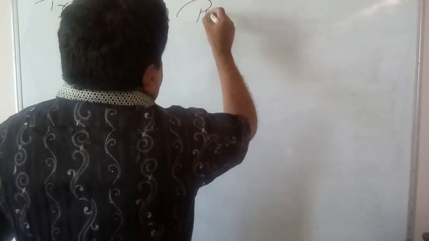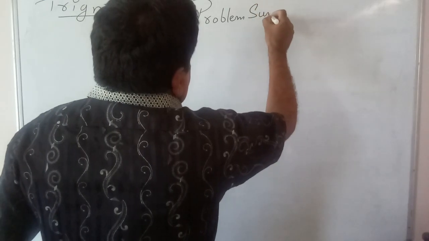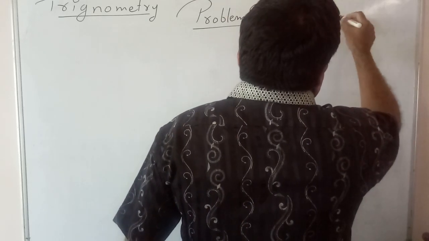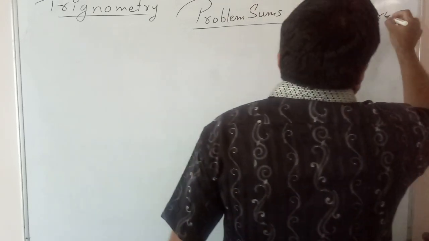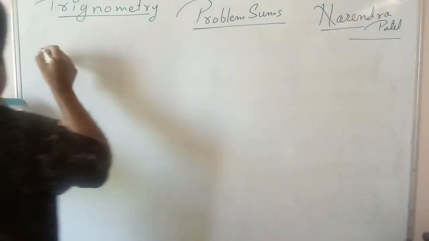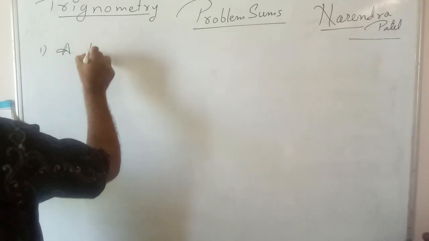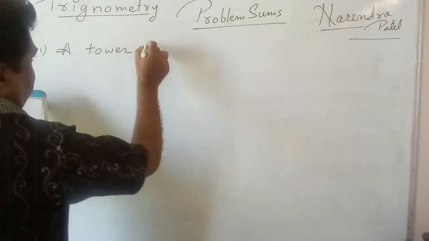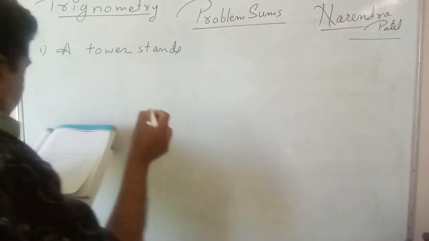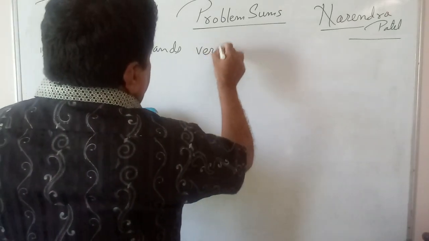We are doing problem sums. See, first problem sum, question 1. A tower stands vertically on the ground.